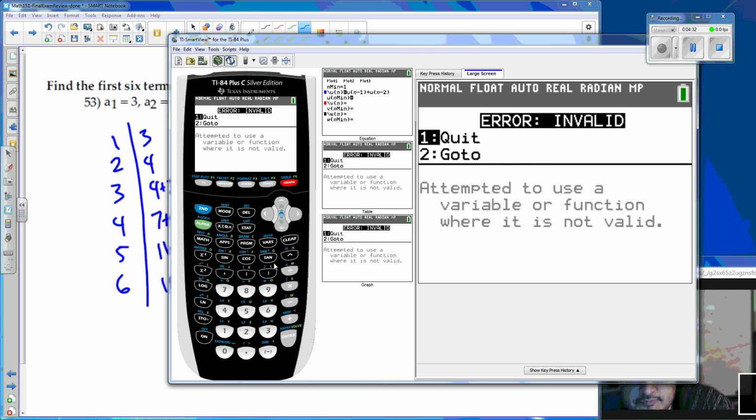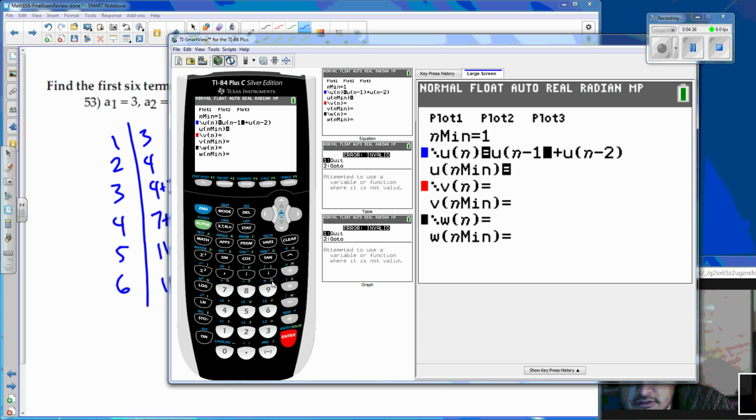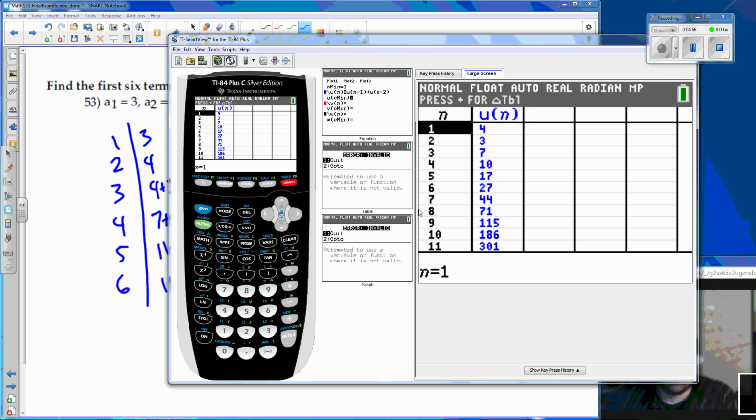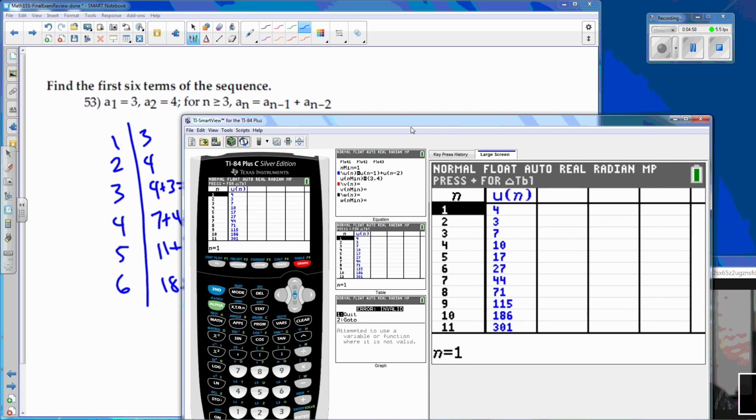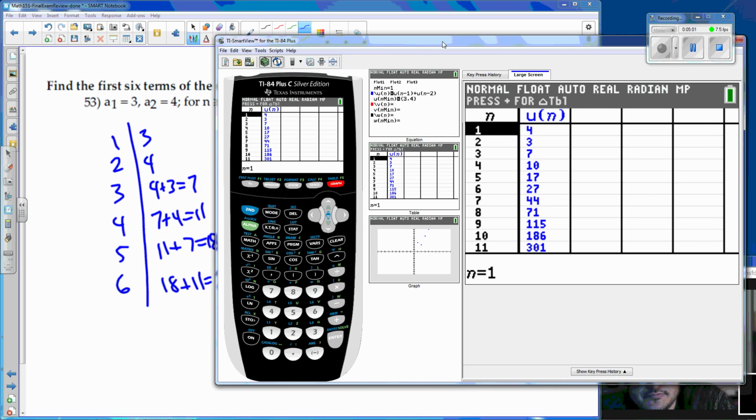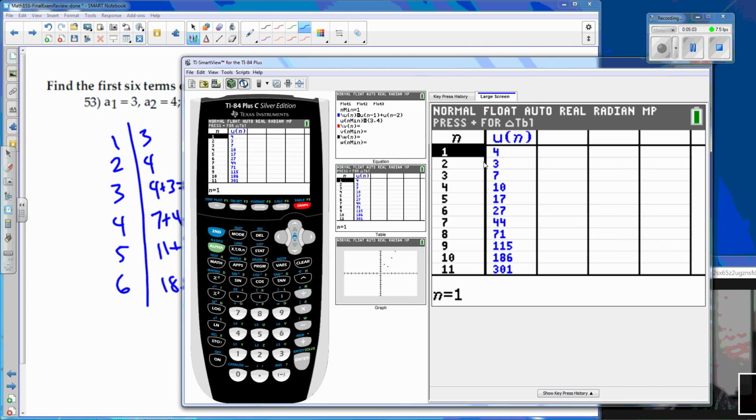Go to table. Did this wrong. I think we have to put bracket, second bracket, 3, comma 4 bracket. Table. Yep. So it actually did it backwards.